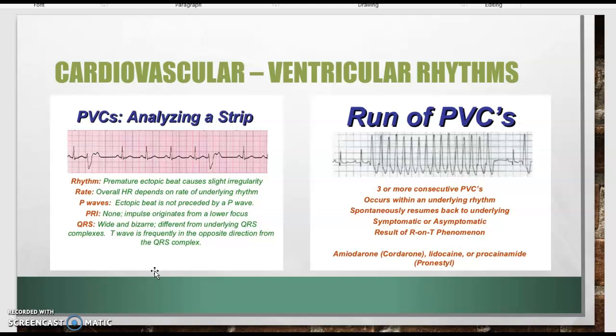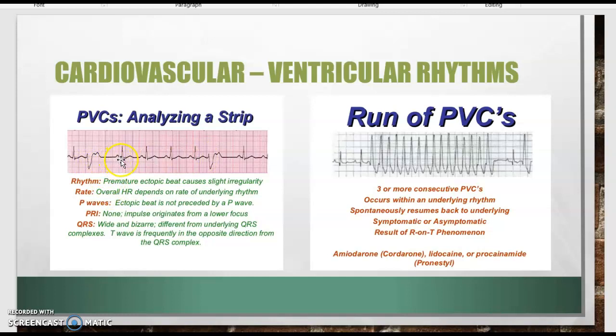Okay? So here you have your P wave, your QRS, and then your T wave. And if you count out this strip, you have 1, 2, 3, 4, 5, 6. So our heart rate is 60, which is normal. They march out normal here. So I'm going to say the rhythm is normal.